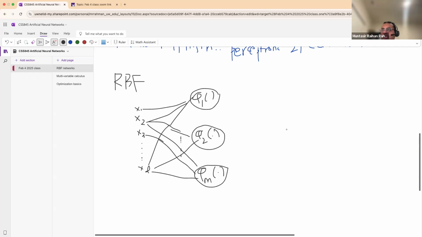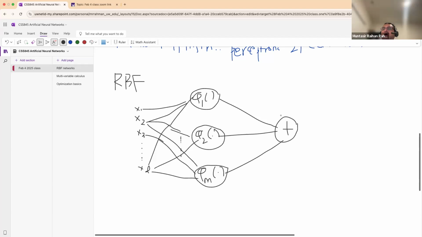And then finally we have this additive neuron, which just takes all these and adds them up, right? And then here we're going to have some weight values.